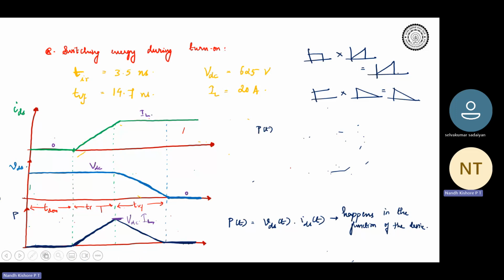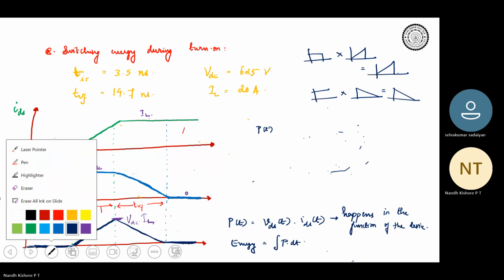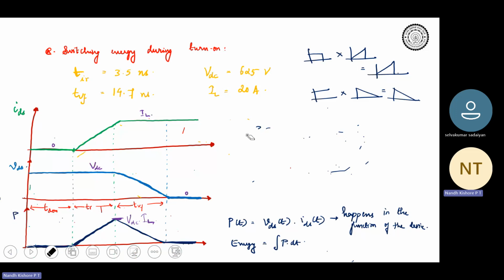Then what will be the energy? So power is V into I. Energy is power into time, or I can write this as integral P of T dt, right? So I want to find out the energy.